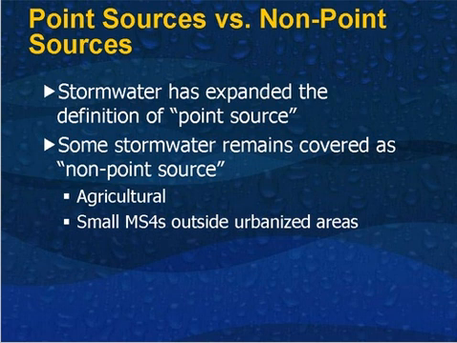However, some stormwater or runoff sources are still covered under the non-point source program. Things like agricultural runoff, construction below an acre in most cases, and small MS4s that are outside of these urbanized areas that are not regulated. So those non-point sources are generally not covered under the NPDES program, while the other items are.